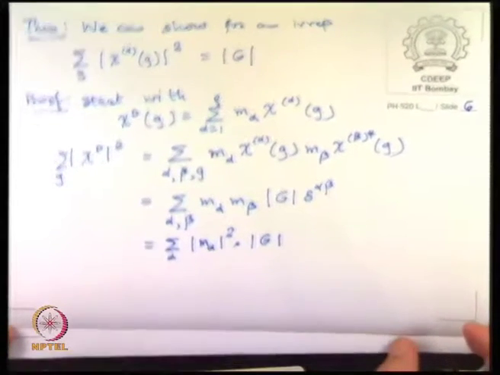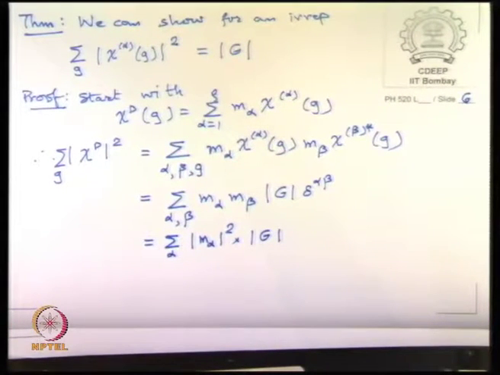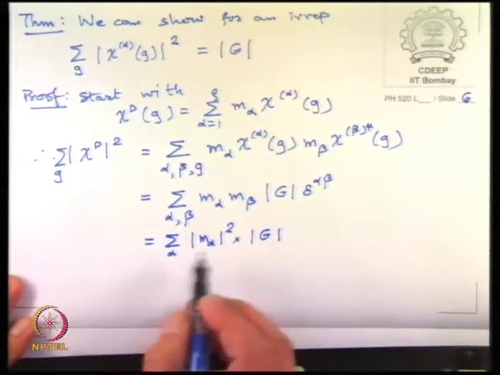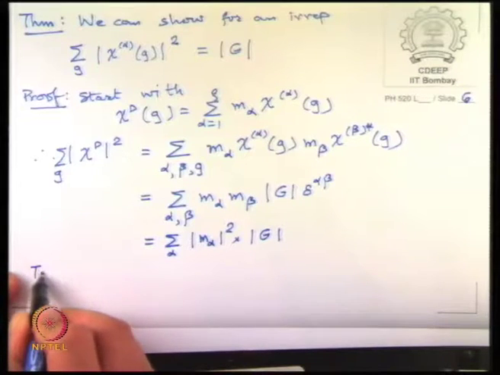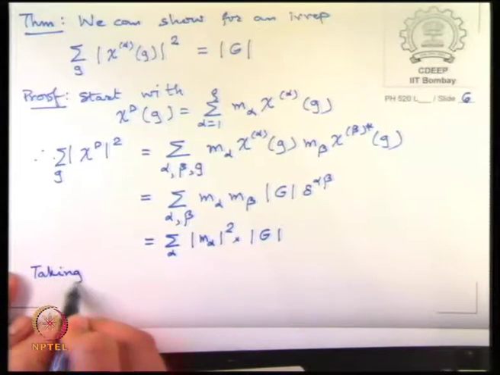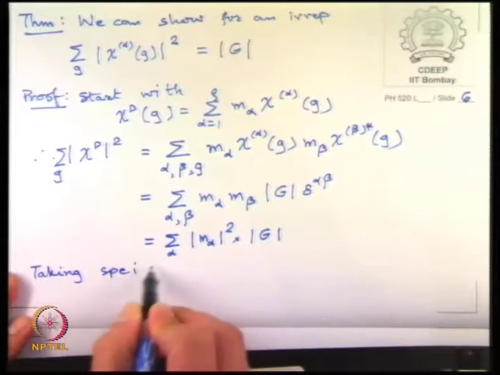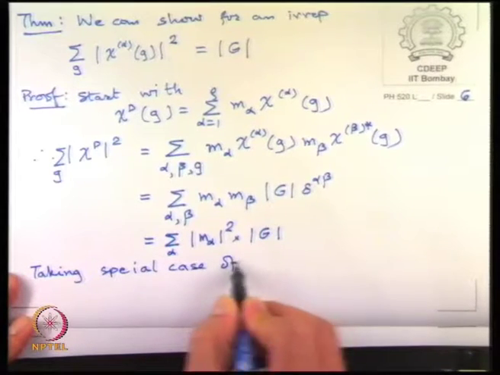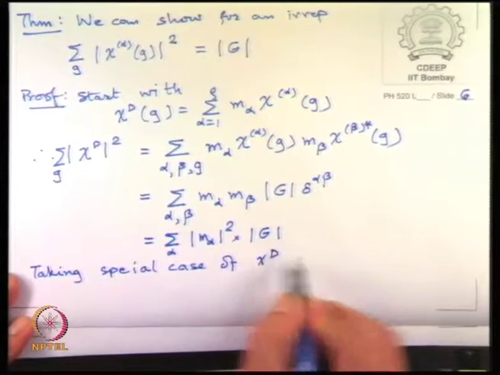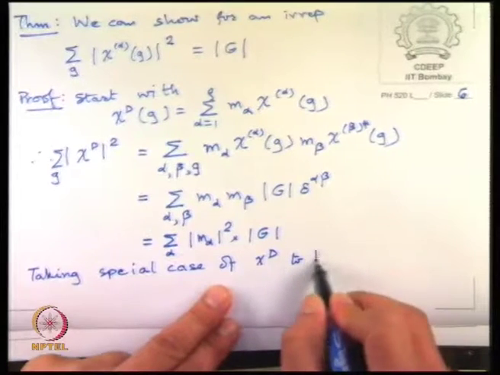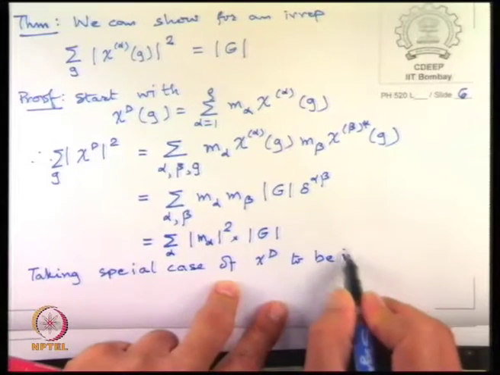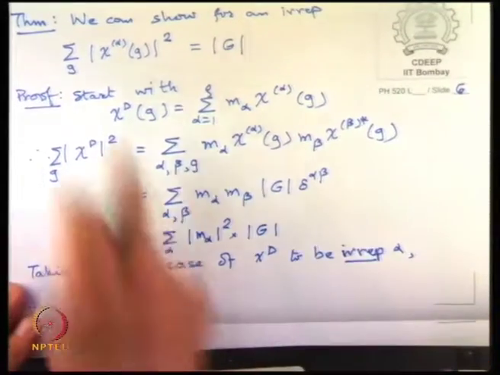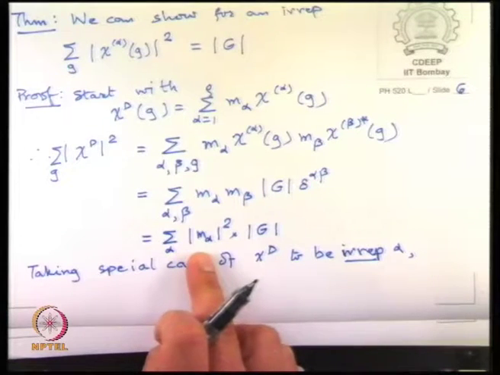But now you specialize chi d to be any favorite irrep you have, then we basically get that because then there is only one m alpha which is non-zero.